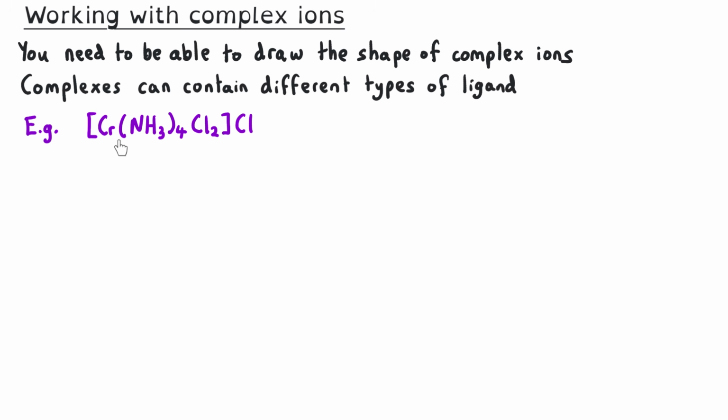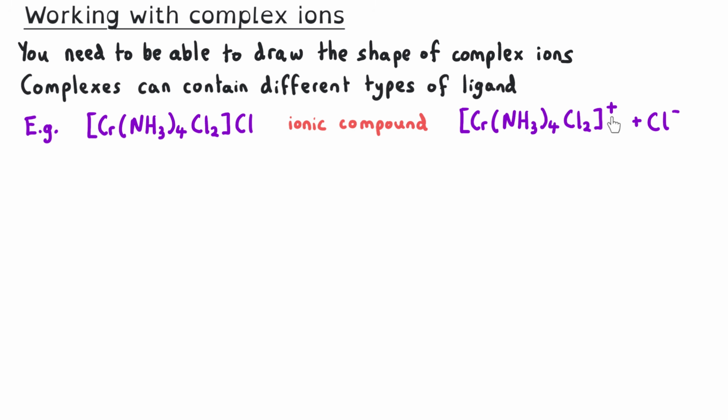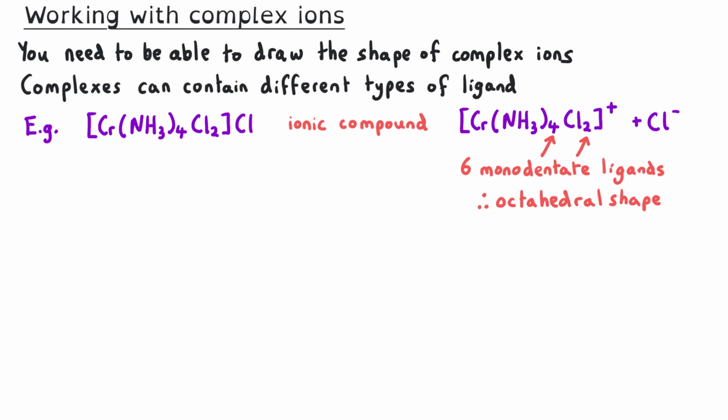An example of this is the compound that I'm showing here, an ionic compound with this complex and a chloride ion. Since the chloride ion is a negative ion, the complex must be positive overall. So we've got the chromium metal and 6 monodentate ligands, 4 ammonia and 2 chloride ions. That means this will be a complex with an octahedral shape.